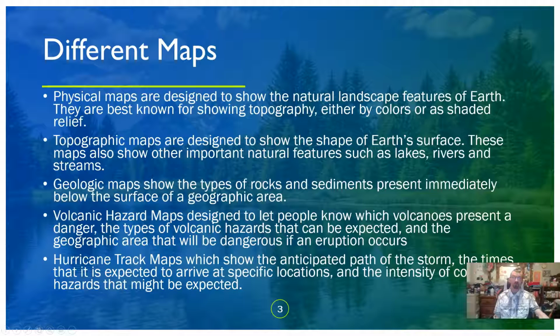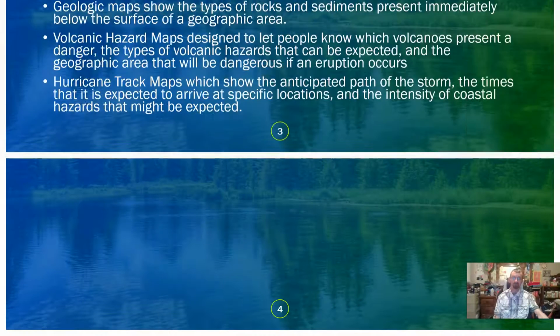There are also hurricane track maps, which, if you've watched the weather, you've probably seen. This map shows the anticipated path of the hurricane, when it's expected to arrive or hit landfall, the intensity of the hurricane, things like that.